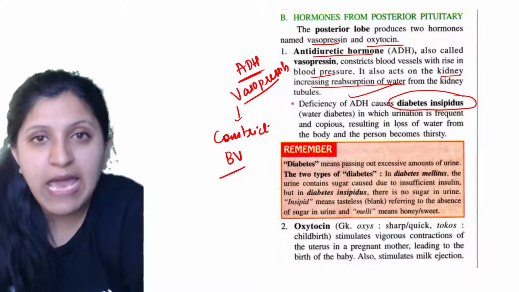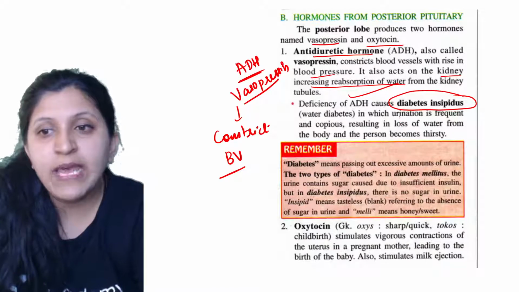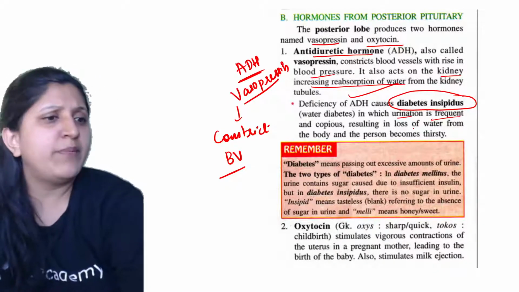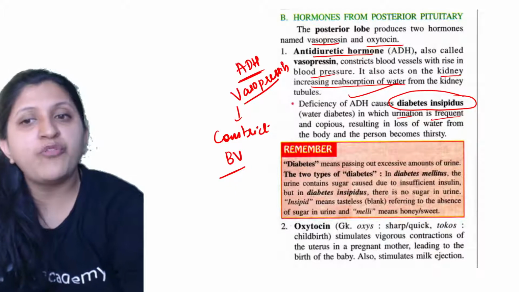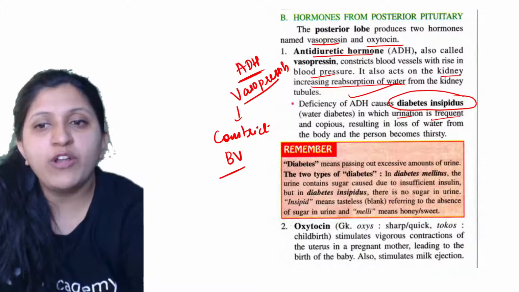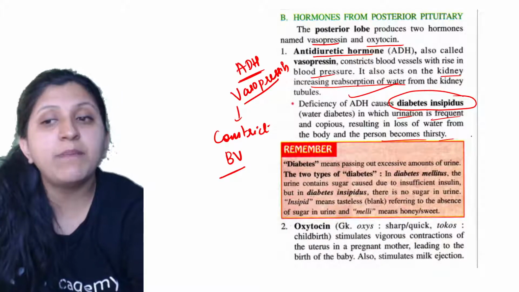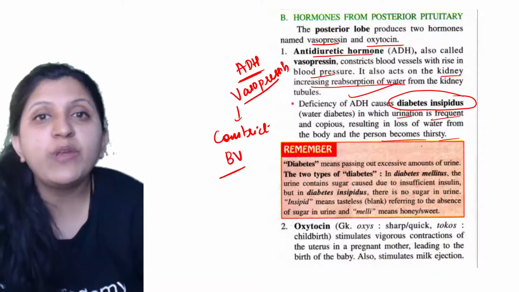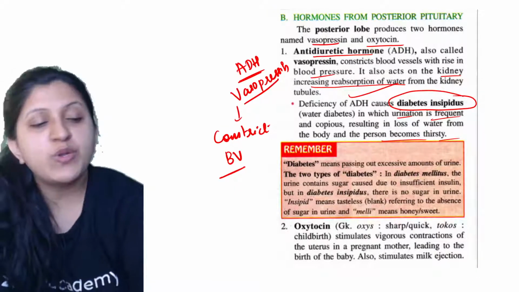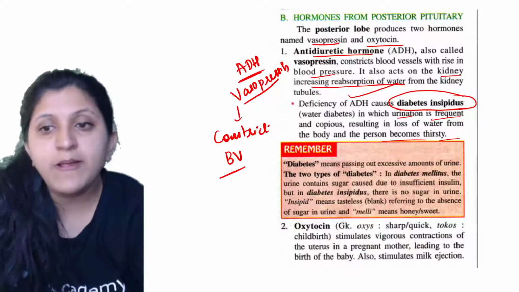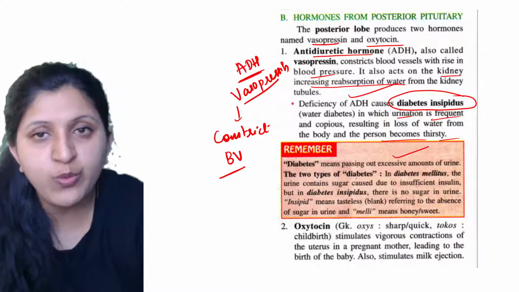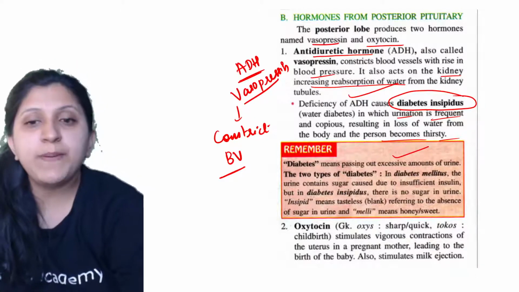Those who have this diabetes urinate frequently on a regular basis, resulting in loss of water from the body, and the person can become thirsty. If more urine is going out, the person is going to get thirstier. Diabetes here means passing out an excess amount of urine.